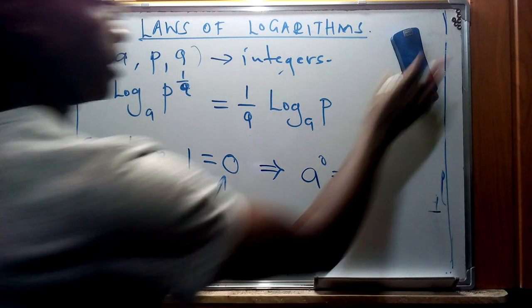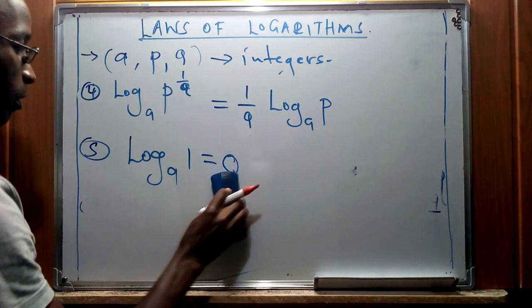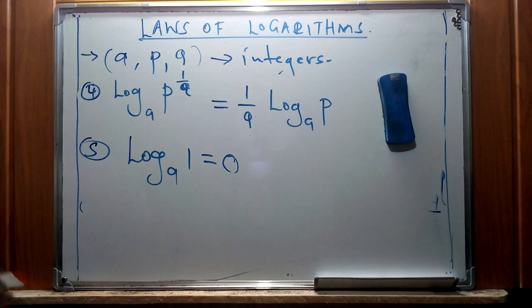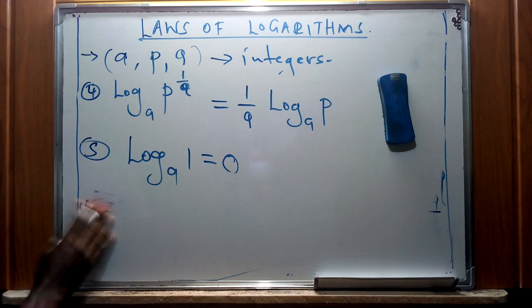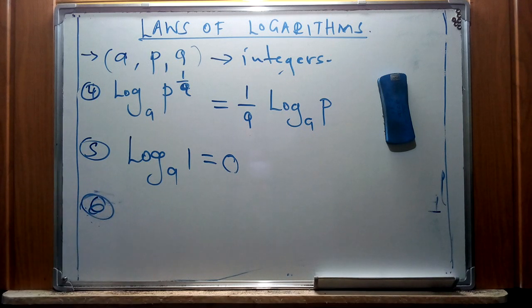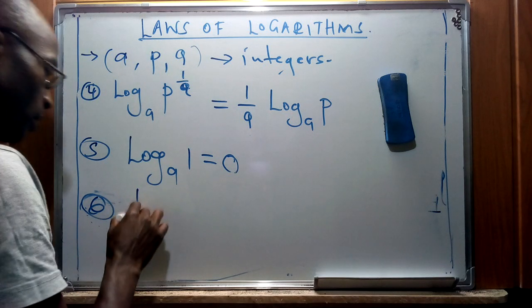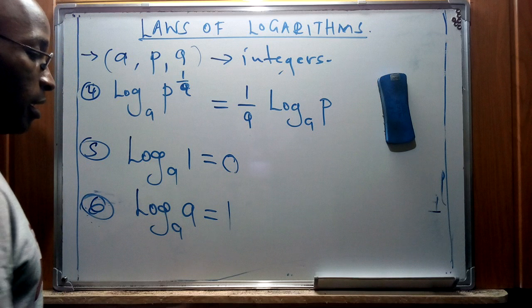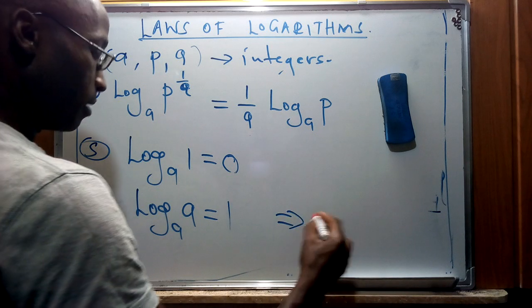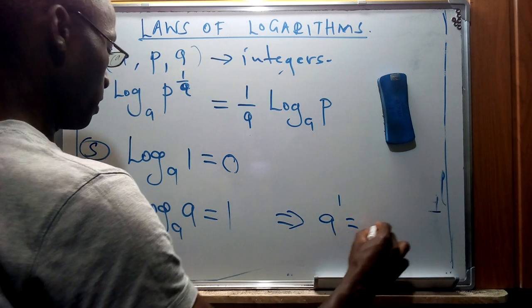I'm just giving this one as a reminder. But of course, for laws of logarithms, that is how it's going to stand. So we are going to have the last one, number 6, which states that log to base A of A is going to be 1. And as a reminder as well, A raised to power 1 is A.